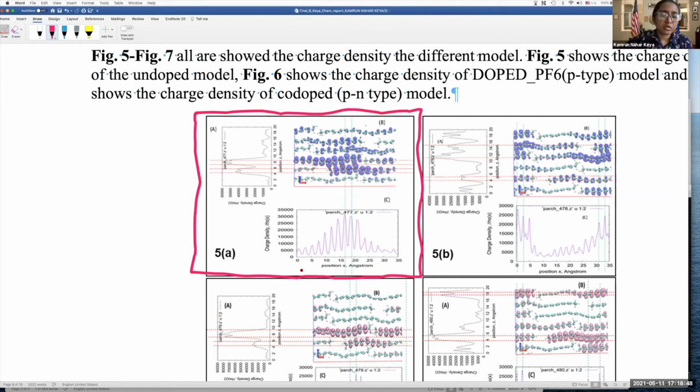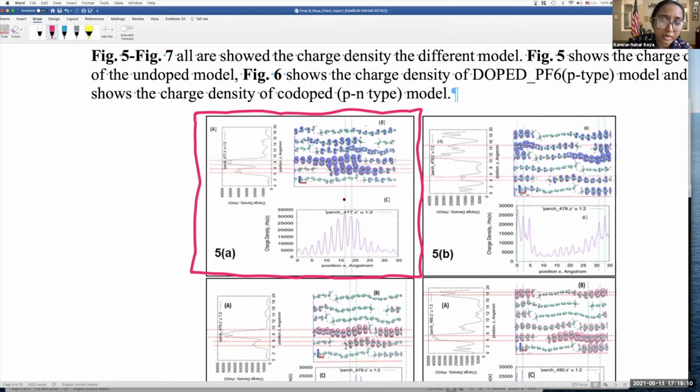Okay. From that projection, we are able to see, suppose in position x, there is a peak like this one, the highest peak. There is a large amount of charge density.